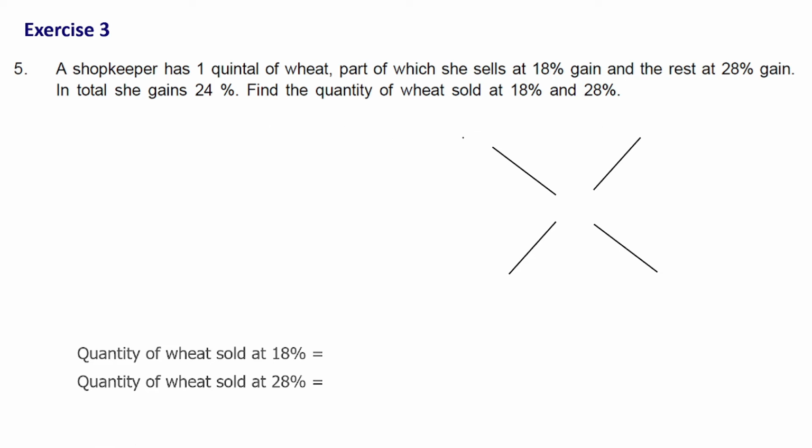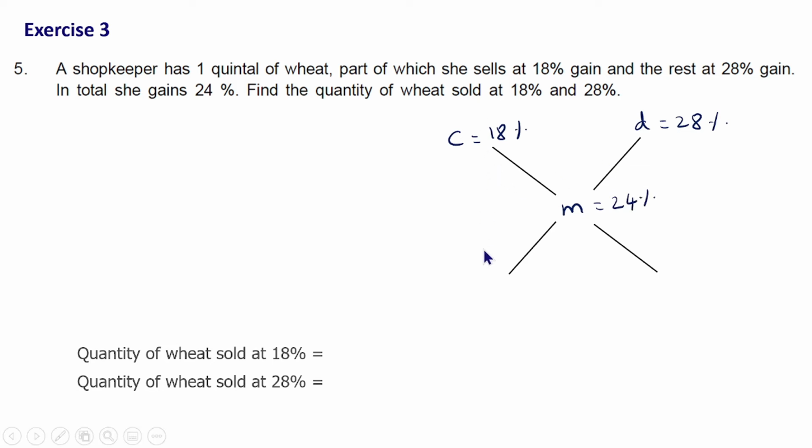So here the cheaper wheat is the one sold at 18%, and the dearer wheat she sells at a gain of 28%. So the total profit she gets is 24%.